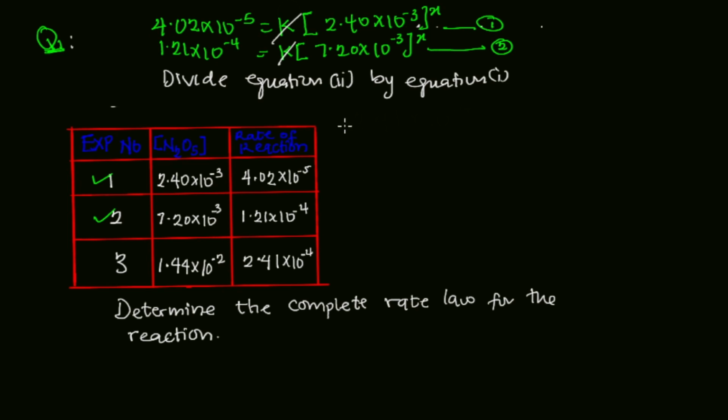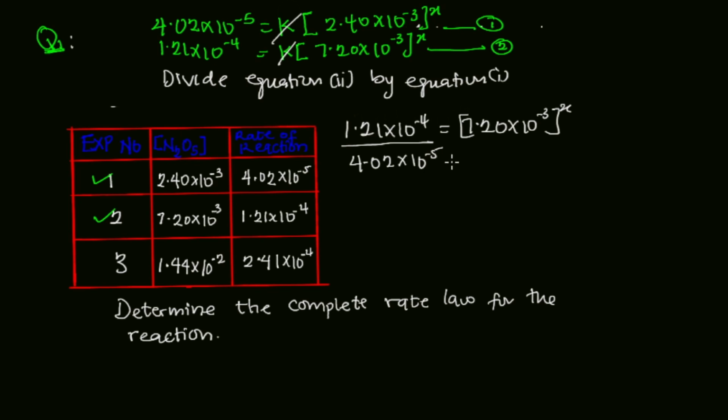So that shows that I'm going to have 1.21 times 10 to the power minus 4 equals 7.20 multiplied by 10 to the power minus 3, all raised to the power of x. Then I'm dividing this side as well by 4.02 times 10 to the power minus 5.